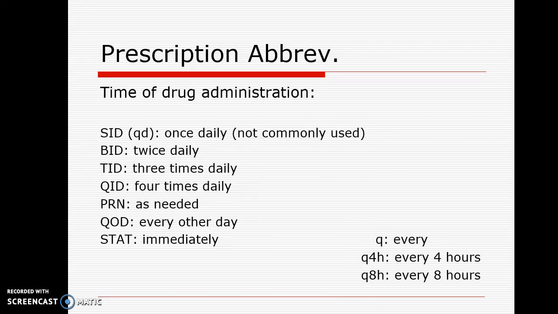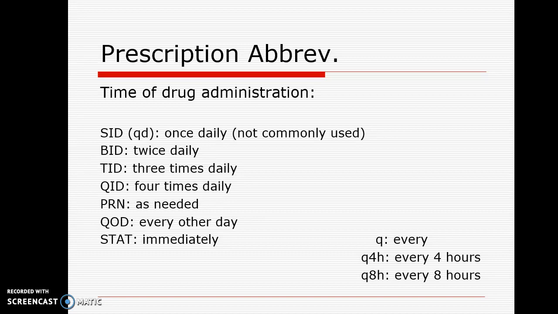So prescription abbreviations, we will cover this in lab too, but the timing of administration, I think you're all pretty familiar with it. I will point out some things. So SID is not used so much in human medicine, and so we need to be careful if a prescription is being sent to a human pharmacy. QD, which means every day, or once daily is the preferred thing to use.